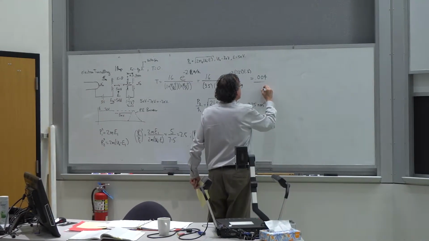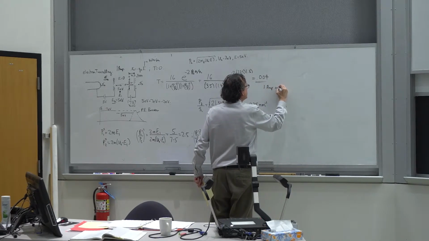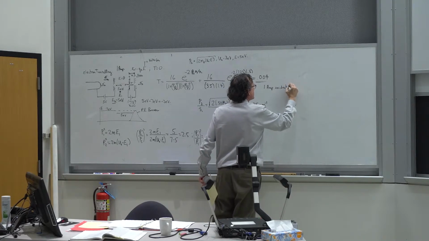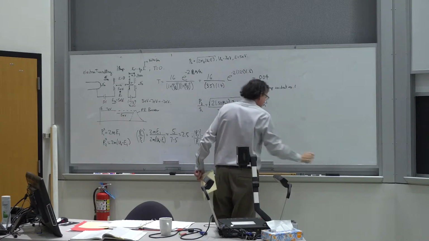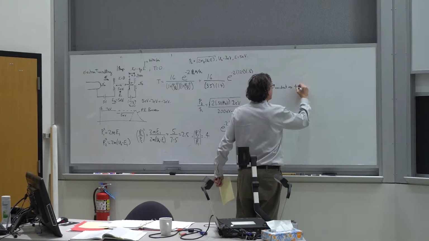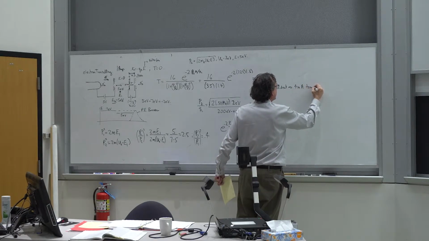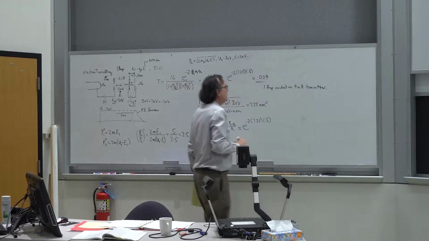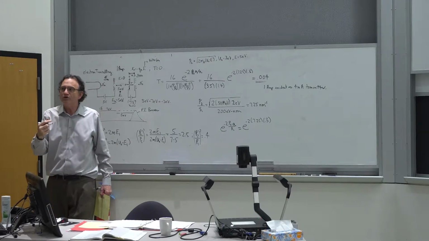So this means that if I have 1 amp incident, then this implies that I get 4 milliamps transmitted. Okay. So it's a way that I can accurately control very small currents.